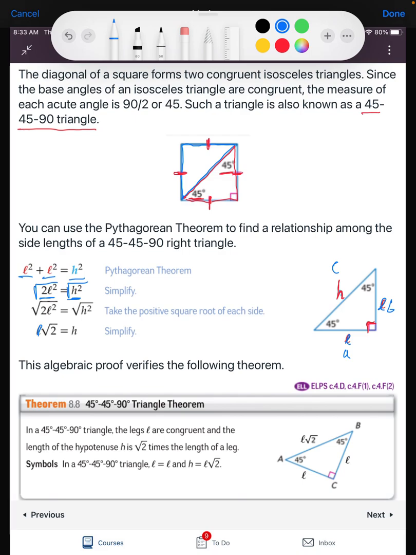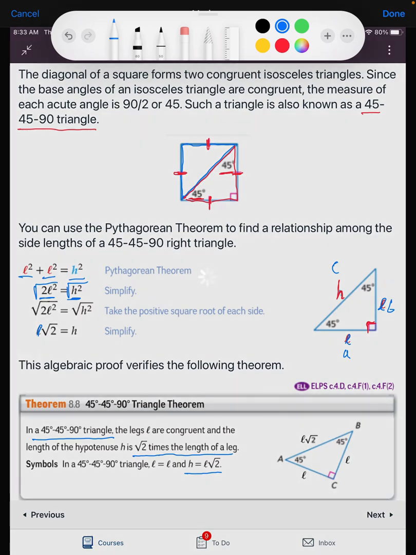The 45, 45, 90 triangle theorem says that the legs are congruent and the hypotenuse is the square root of 2 times the length of a leg. So our equation in a 45, 45, 90 triangle is that h, the hypotenuse, equals the length of a leg times the square root of 2.